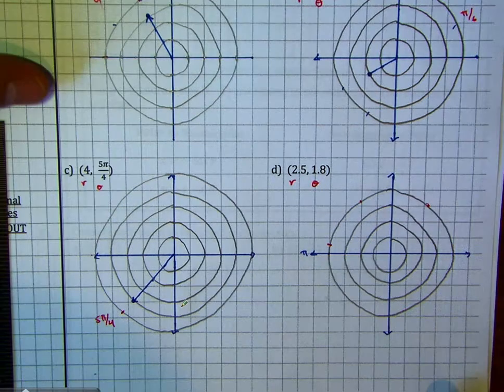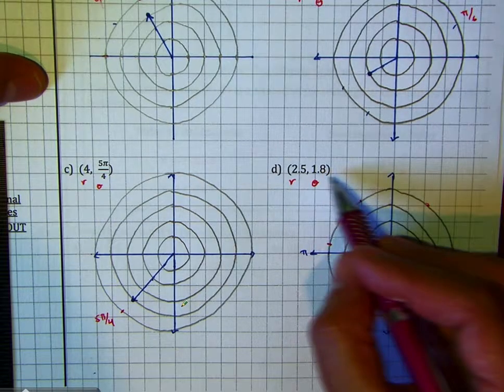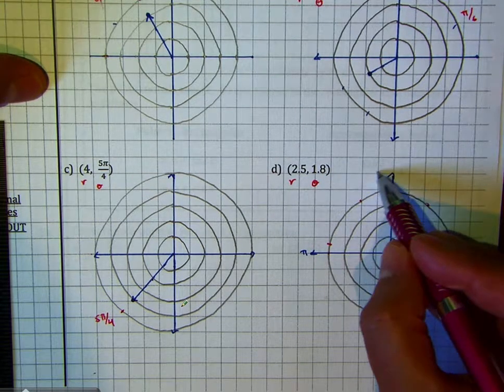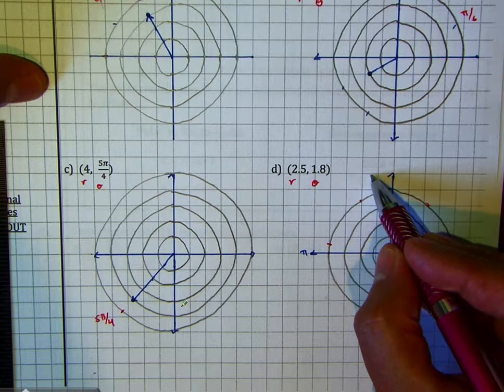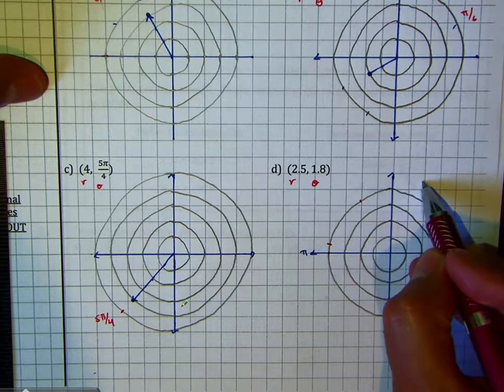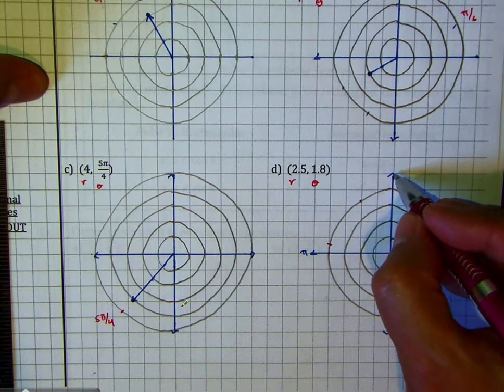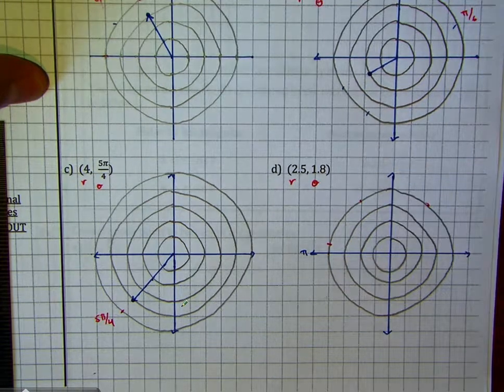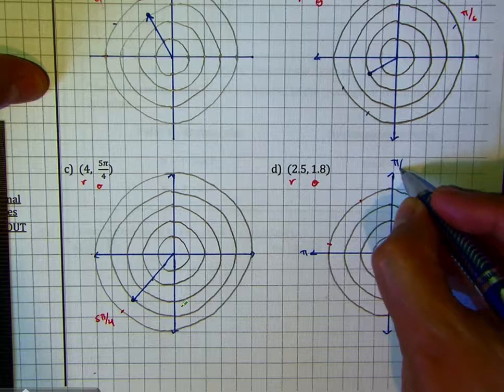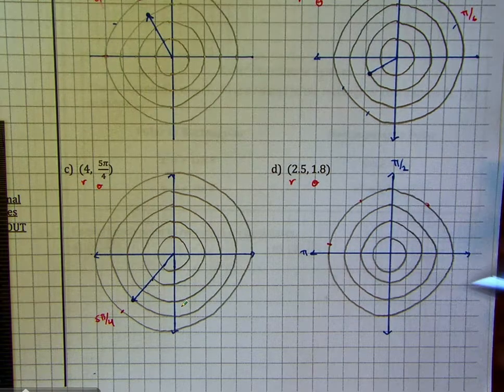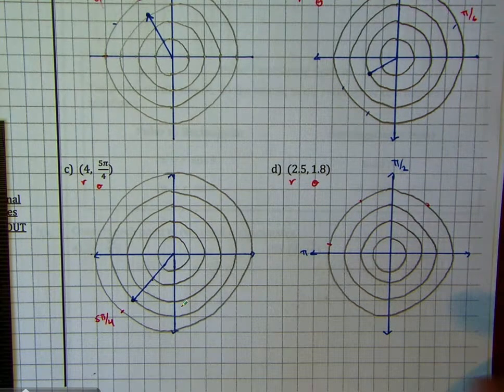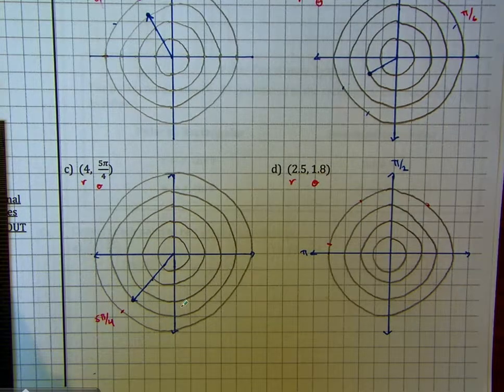The question is, is 1.8 before or after? So what do you think? Is it before or after? Correct. It's after. This is pi over 2. Do you guys agree? So what's 3.14 divided by 2? It'll be 1.57.